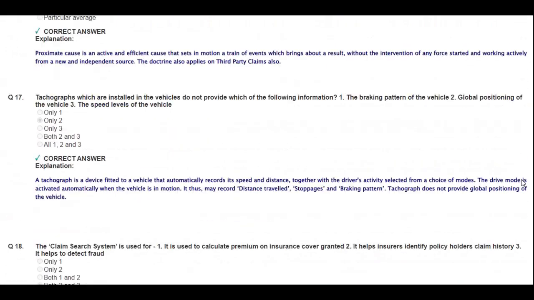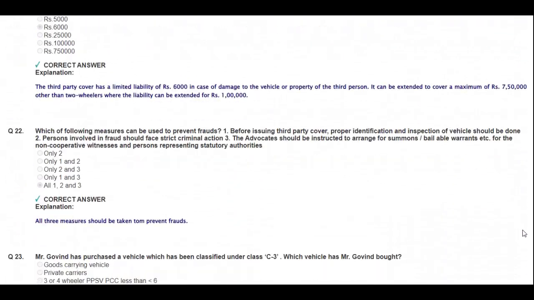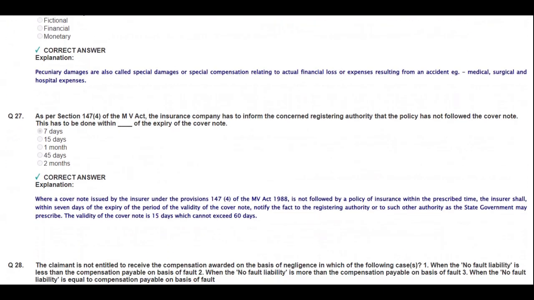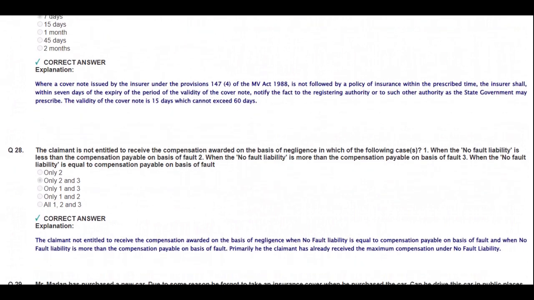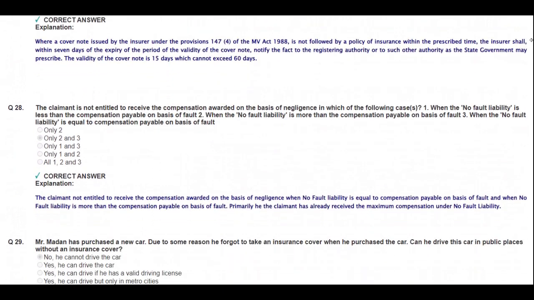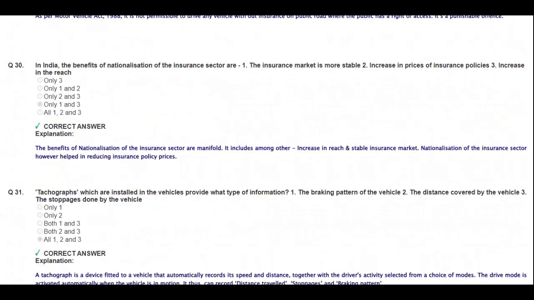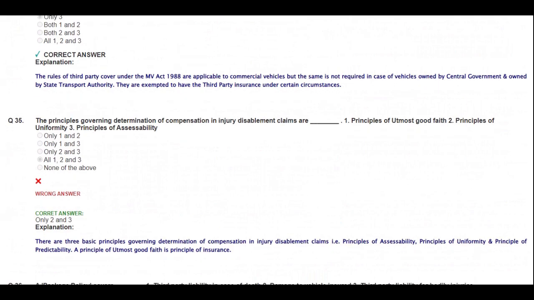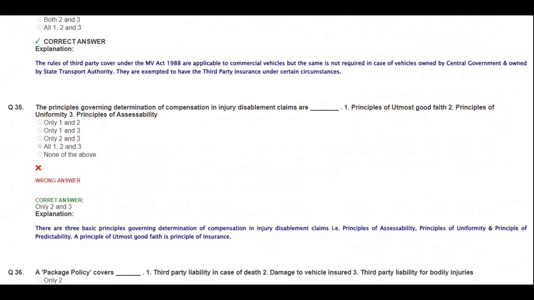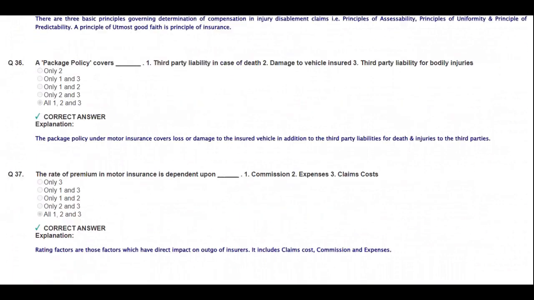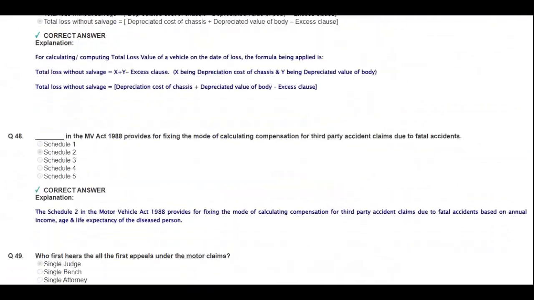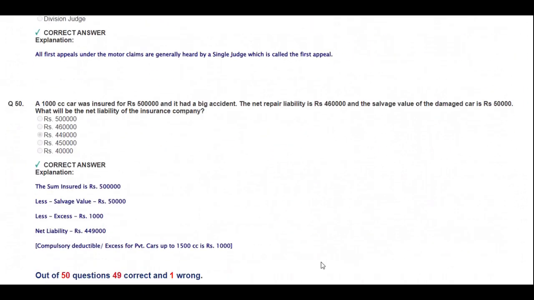Only the 38th I will get wrong. Twenty-ninth. Okay, the 35th one I will put a wrong answer. The remaining are all right answers within only the third attempt.